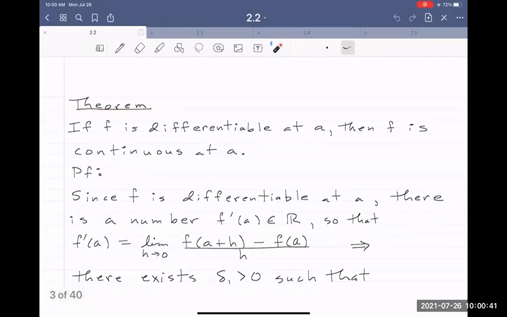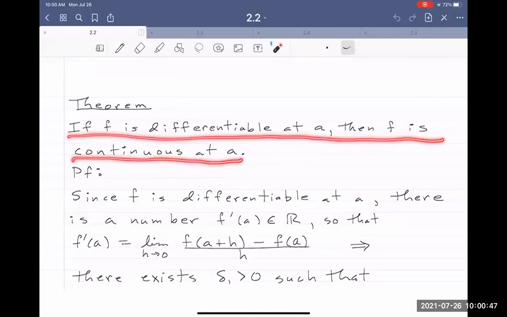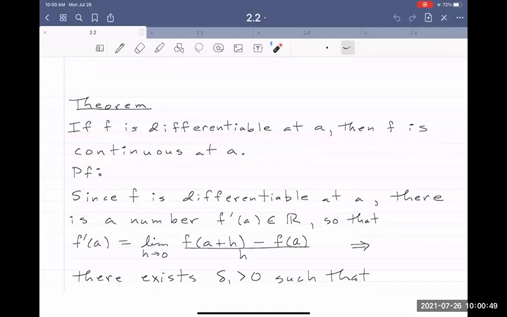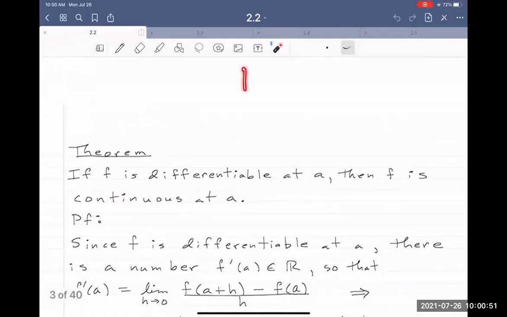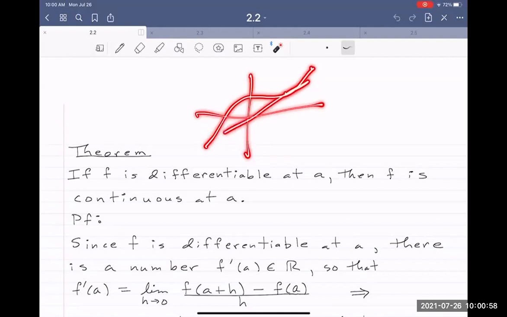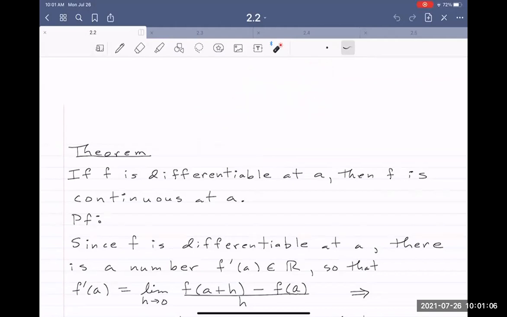Theorem. If f is differentiable at a, then f is continuous at a. So if you have a function that has some sort of derivative at a, meaning it looks like a line at a, then it's continuous at a.